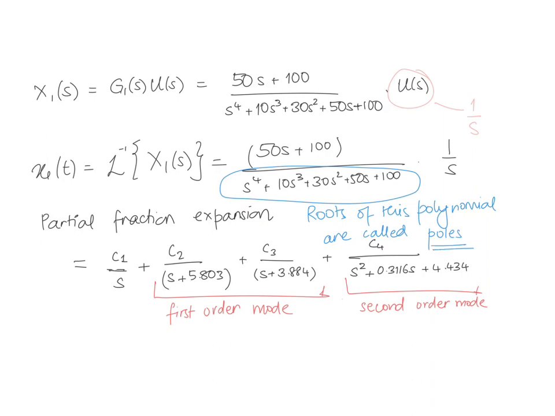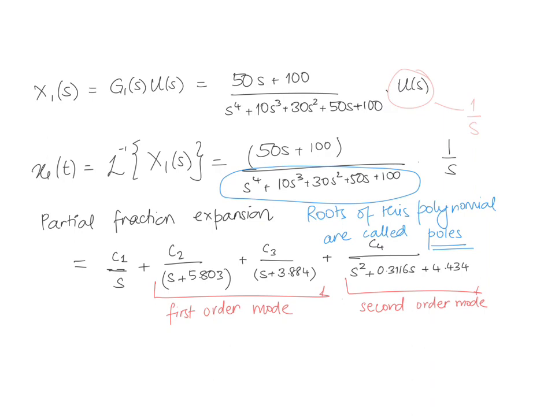They're the exact same as the eigenvalues of the A matrix. There is no difference. It is just two different theoretical approaches. One was developed back in the 1920s, which is the transfer function approach, and the other, the A matrix approach, was developed in the 1960s. They talk about the exact same system, so it's not surprising that you get the same numbers. So the poles are equal to the eigenvalues.